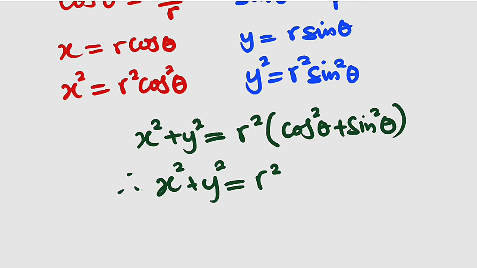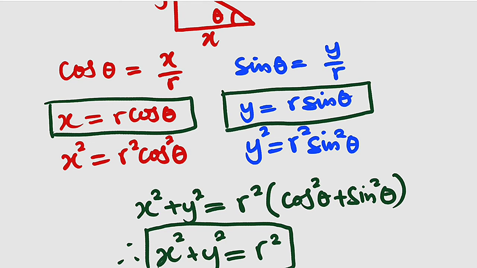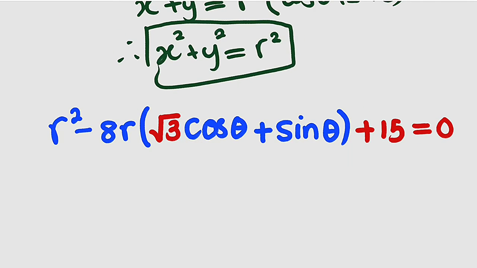We have so many important equations here. We have one here, another one here, and lastly, another one here. We are going to substitute them into the equation given to us. Let me just copy it. All right, here is the equation. First of all, we have r squared here. Or should I expand this? All right, let me do that.